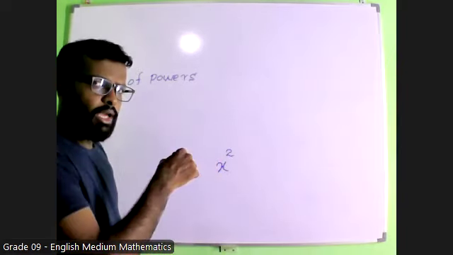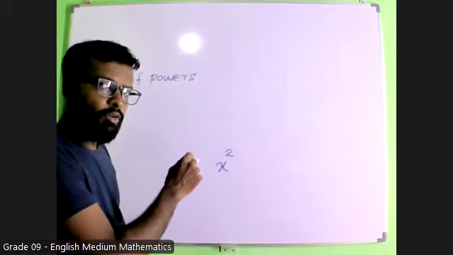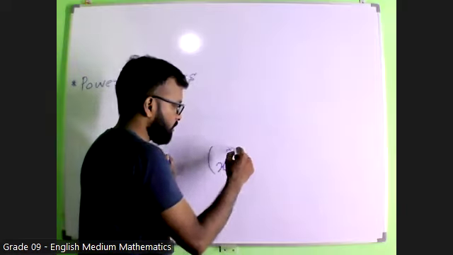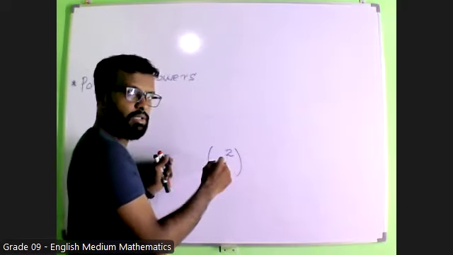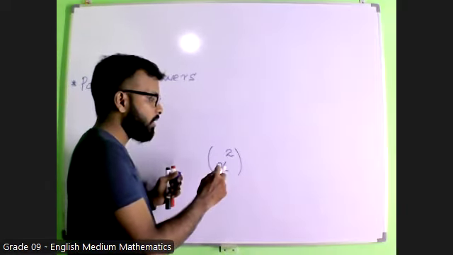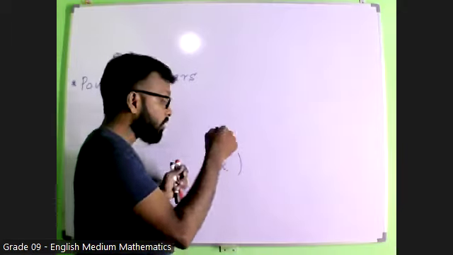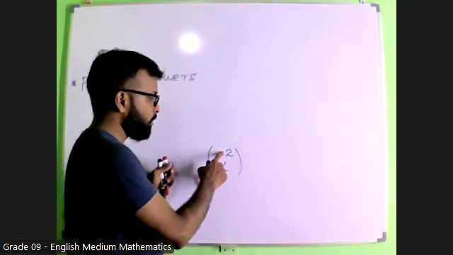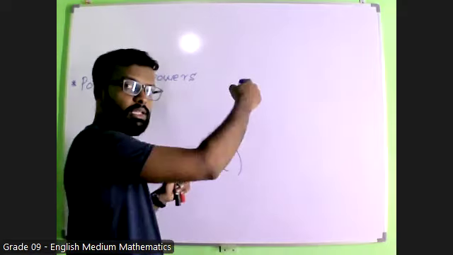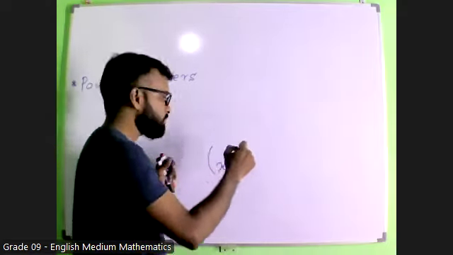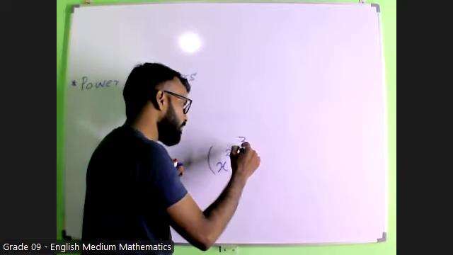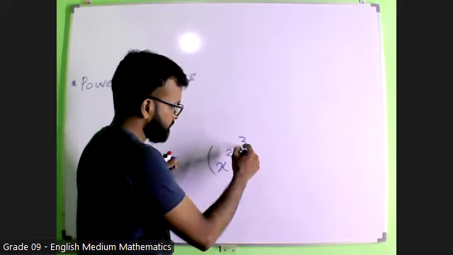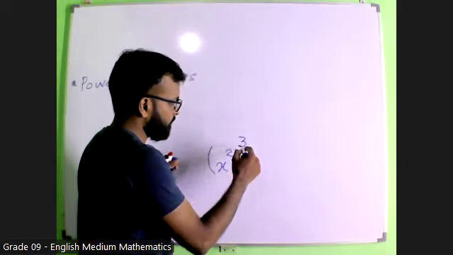And you are going to take power of powers. This is already a power, right? And you are going to take the power of this power as well. So for an example, x to the power 2, and I am going to take another power for this one. I will say 3.